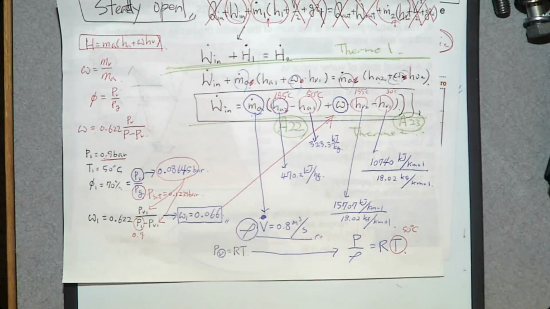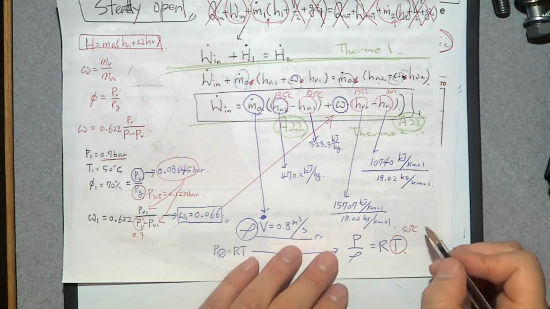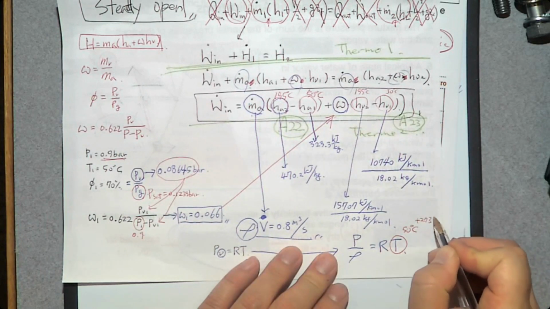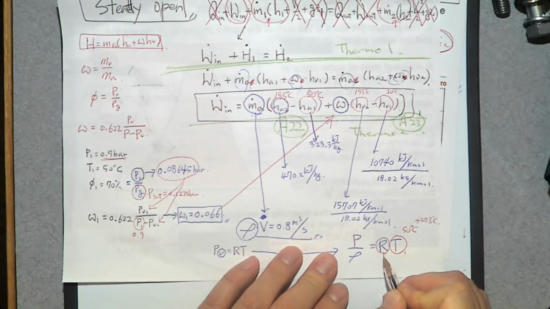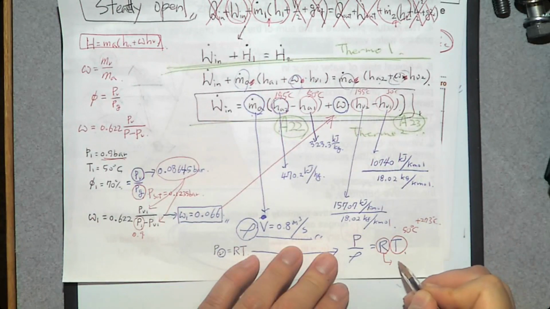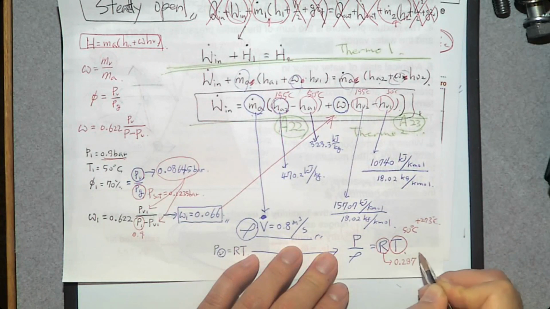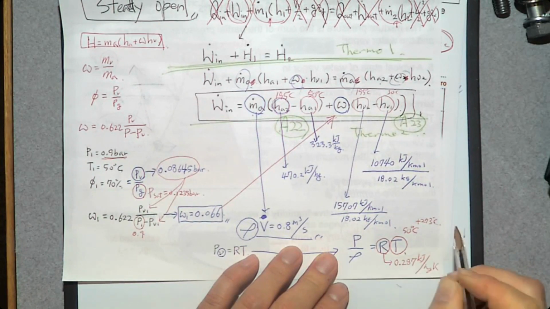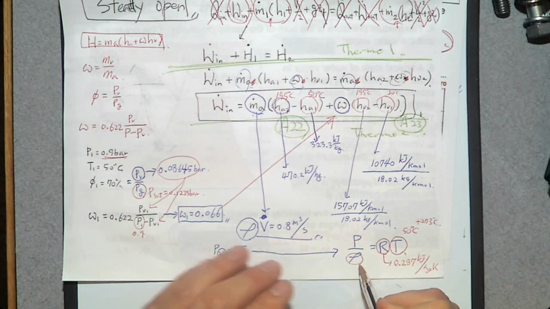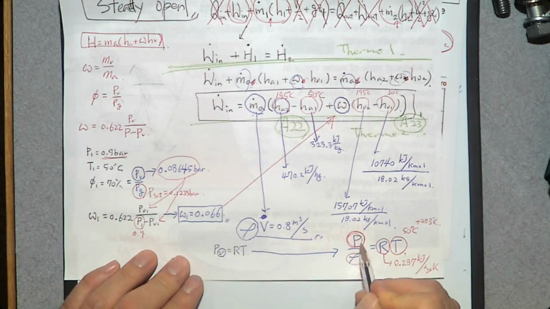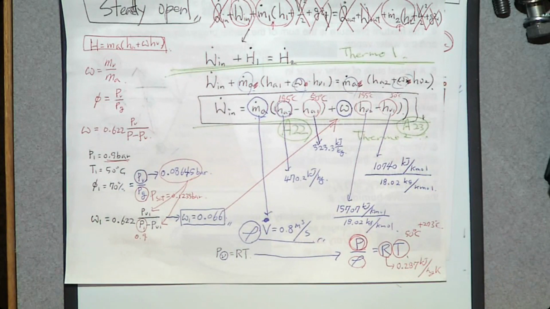But we know we have to use Kelvin, so 50 plus 273. What about the gas constant? The gas constant of air is 0.287 kilojoule per kilogram Kelvin. So density is the unknown. What about the pressure? Can we use 0.9 bar for this ideal gas equation to determine the mass flow rate of dry air?